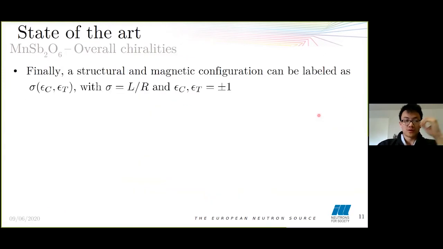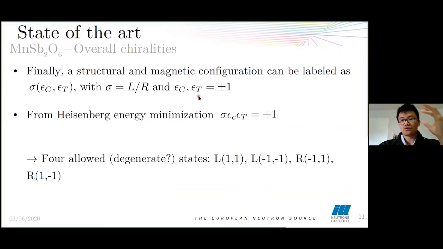So now to sum up, we can label a structural and magnetic configuration of our system by sigma, which is the structural chirality, so left or right, and then the cycloidal and the triangular chirality. If we look at the Heisenberg energy and minimize it, we find that there is a condition on these chiralities, and this only allows 4 different states in our system.